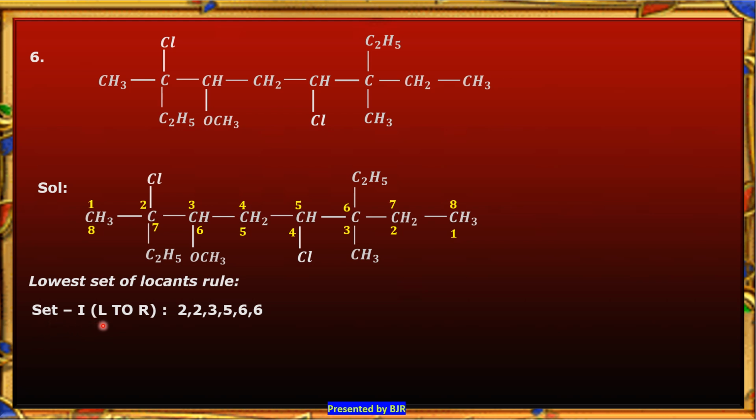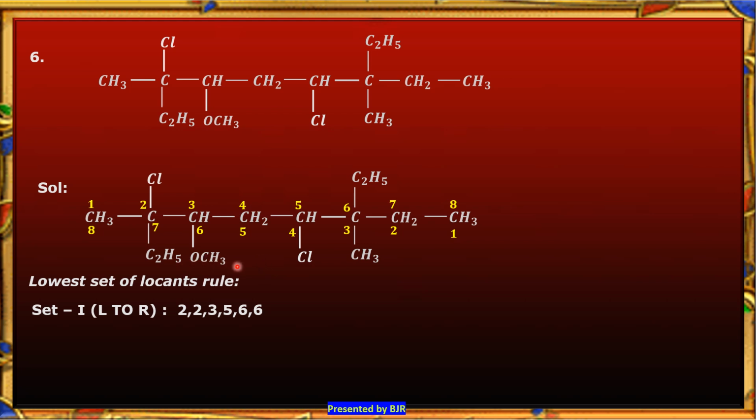Set 1, left to right, locants are, you see here, second carbon is bearing chlorine and ethyl groups. Okay, so 2, 2. Third carbon is bearing OCH3, this is nothing but methoxy, or alkoxy.